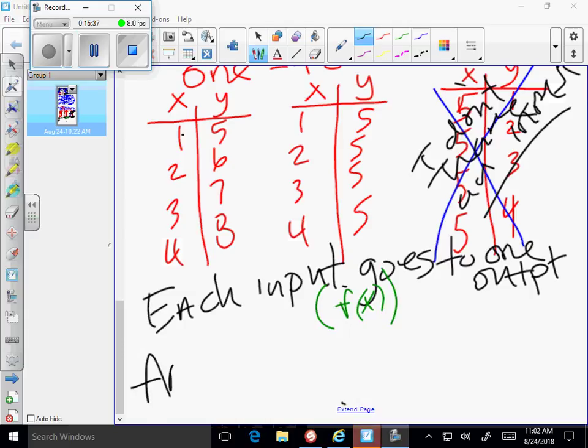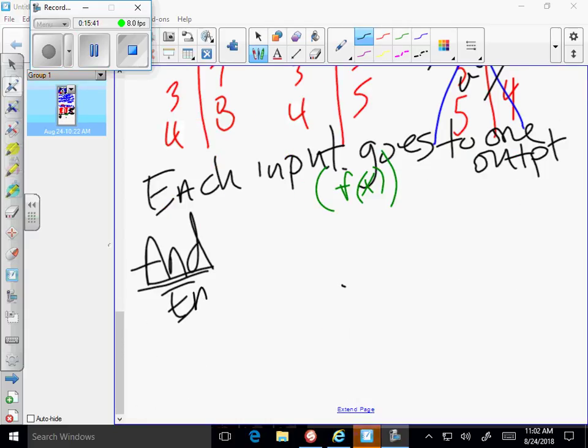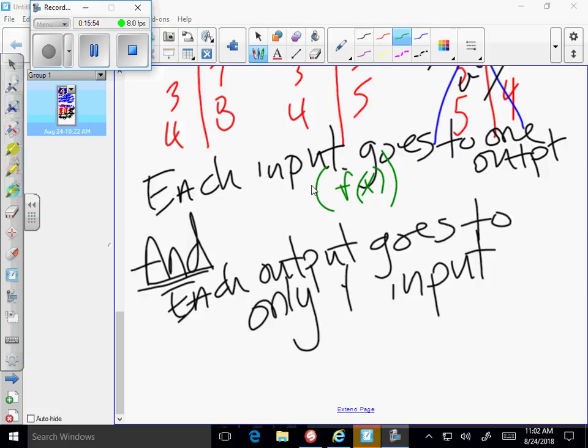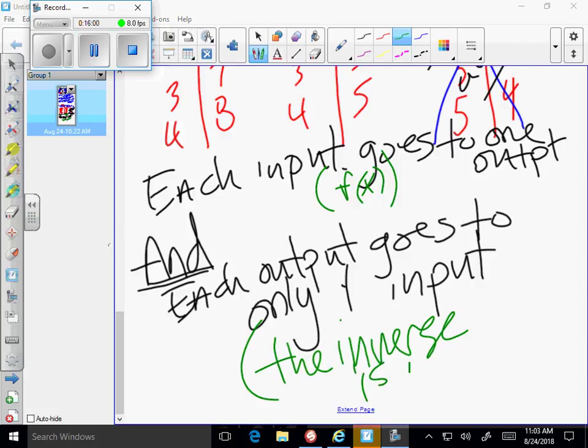But now we add, and each output goes to only one input. And this tells me the inverse is also a function.